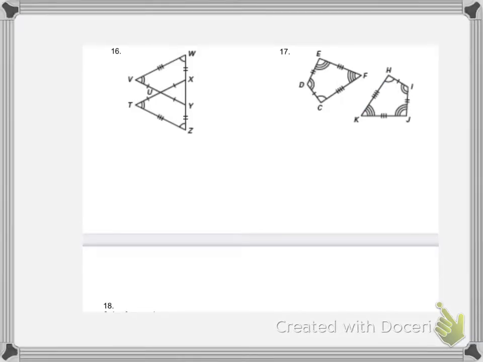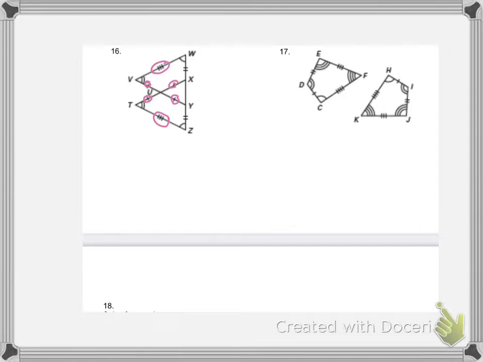Okay, so this number 16 is a stretch. So let's talk about this. I see that TZ is 3, and I see VW is 3. I see that VY is 1 plus 1, and TX is also 1 plus 1.